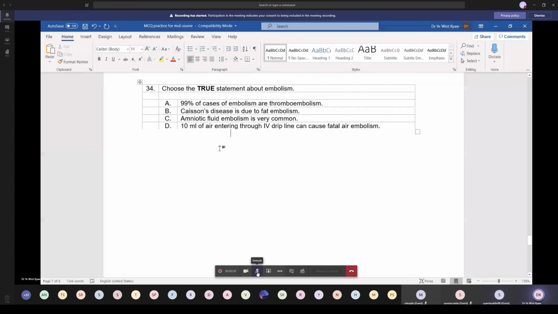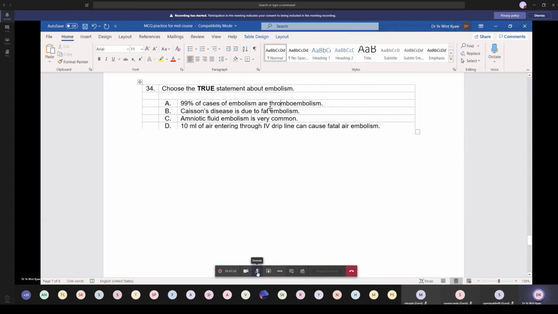Very few other embolisms, which are quite rare. Most are thrombo, so they call it thromboembolism, not just embolism. They use thromboembolism usually because 99% of embolism is due to thrombus. I see amniotic embolism sometimes, very rare. I have seen it once in my life only. Thromboembolism is what we see frequently. Fat and air, never seen.